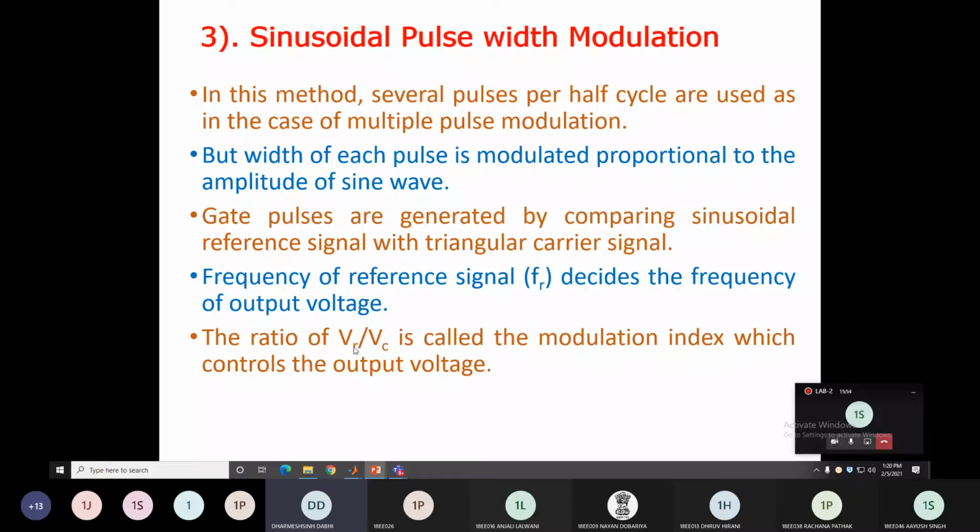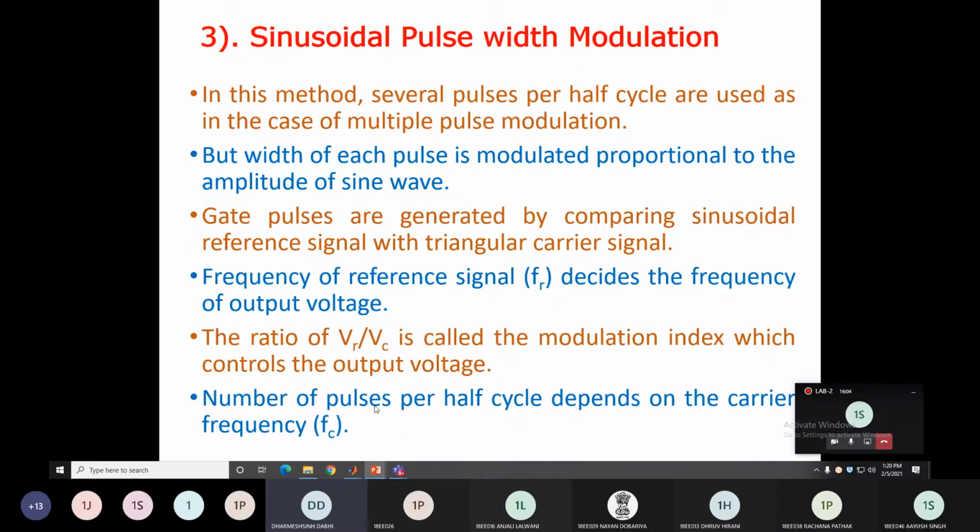Here VR is the peak of the sinusoidal reference signal, and VC is the peak magnitude of the triangular carrier signal. The number of pulses per half cycle depends upon the carrier frequency. As the carrier frequency increases, the number of pulses per half cycle increases.